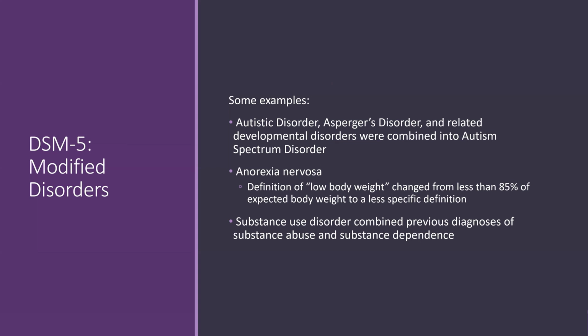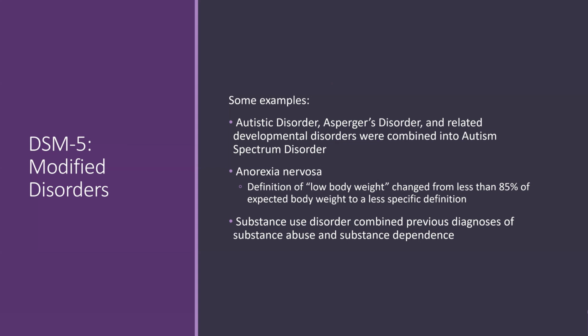For anorexia nervosa, they changed the definition of low body weight from a specific number, saying it had to be less than 85% of an expected body weight, to something broader. This is because people who are at normal weight, or even overweight or obese, can still be diagnosed with anorexia nervosa.